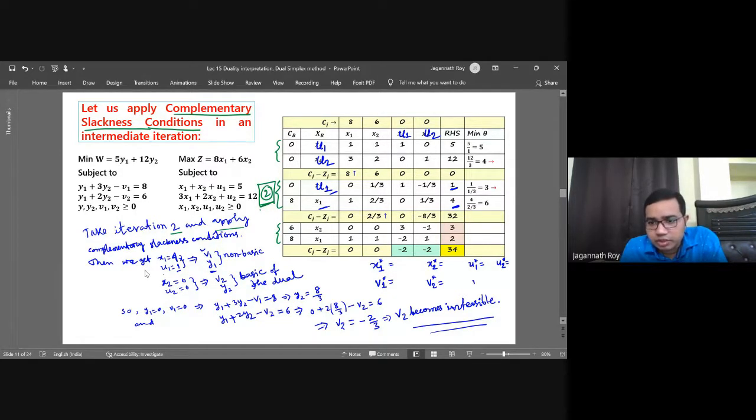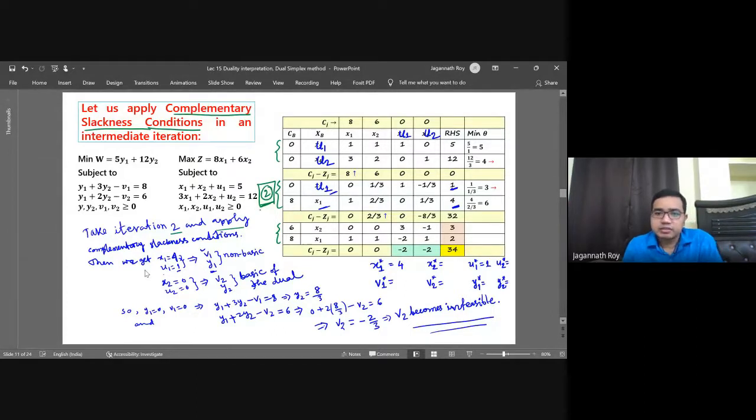Then for u1 we will have the corresponding dual basic variables u1 star and y2 star. So now what are we telling? We are telling that x1 star is 4 and u1 star is 1.